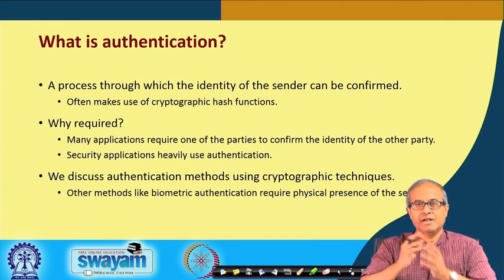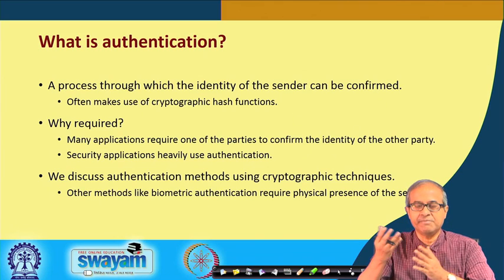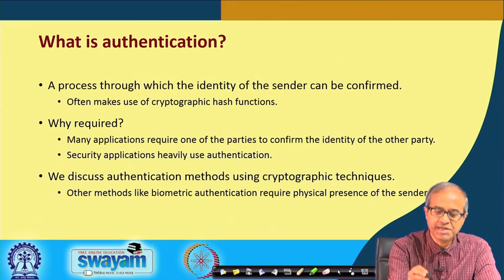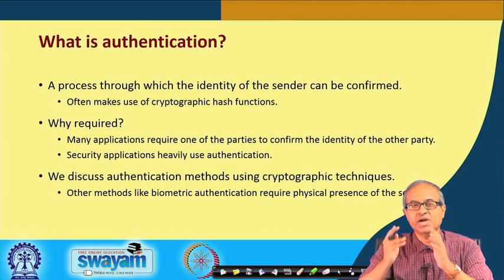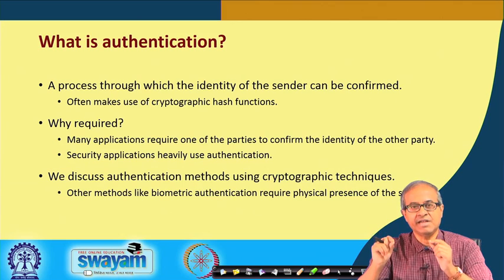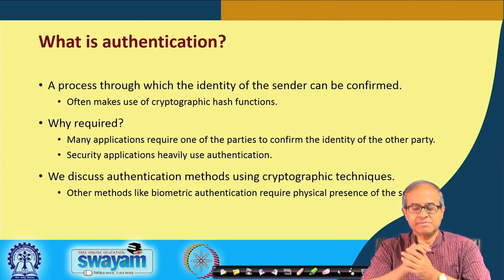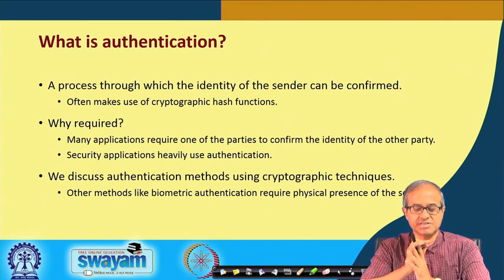Now, I had mentioned that one of the primary applications of hash functions is in the domain of authentication. So, I am again repeating what exactly authentication is. Authentication is a process through which we try to uniquely identify the person who is sending the message. That means the identity of the sender has to be confirmed through this process.